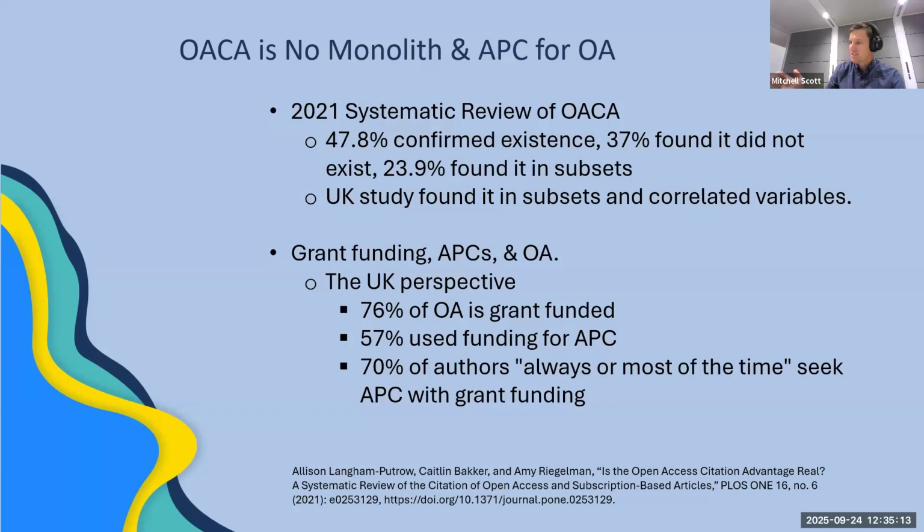So if 76% of our grant-funded articles are OA, that leaves 24% that don't have grant funding that are OA, which means the author is paying the APC in some other way. And so we wanted to dig into this a little bit more, and we asked authors, how do you approach APCs without grant funding? We heard from our UK authors that these APCs are often covered by publisher waivers that they're getting for potential editorial work within the journal, peer review.